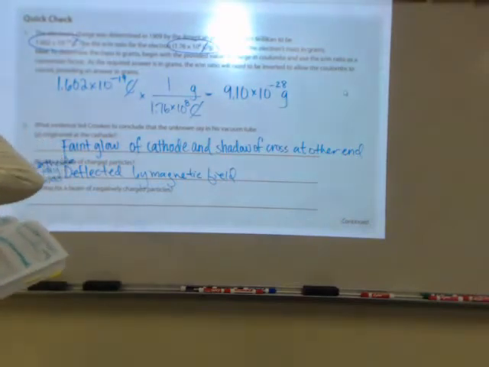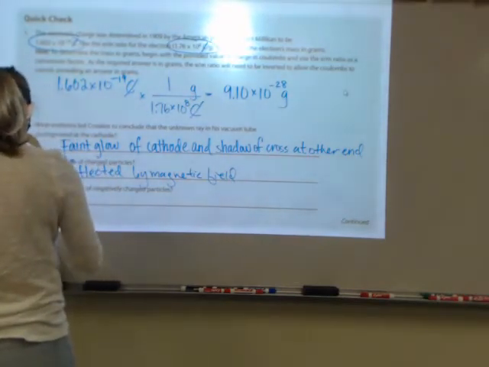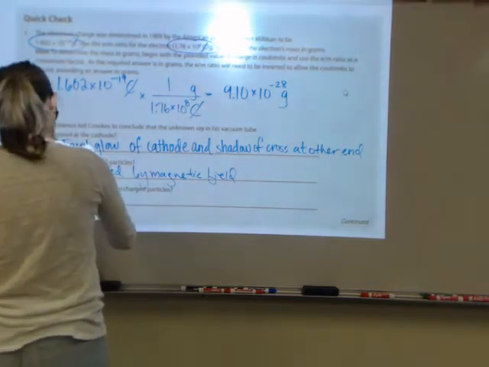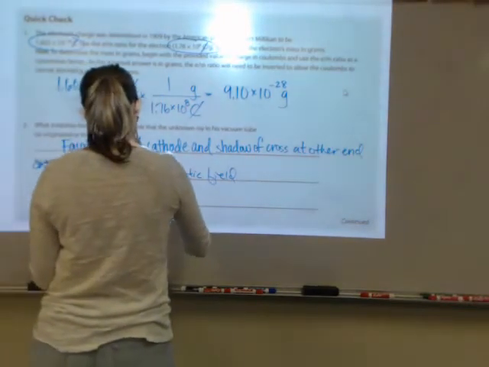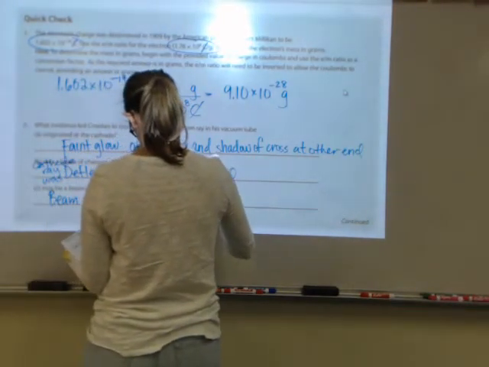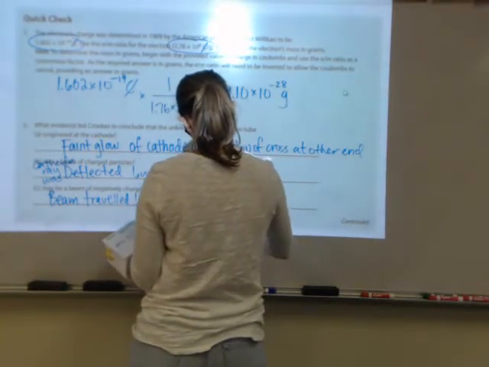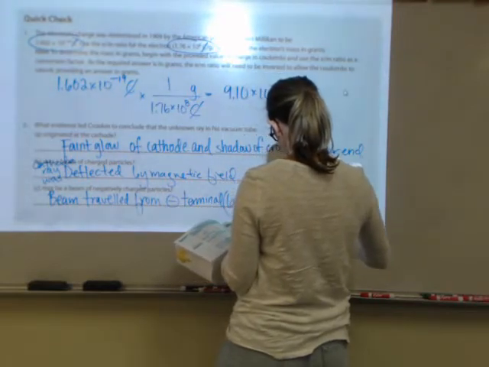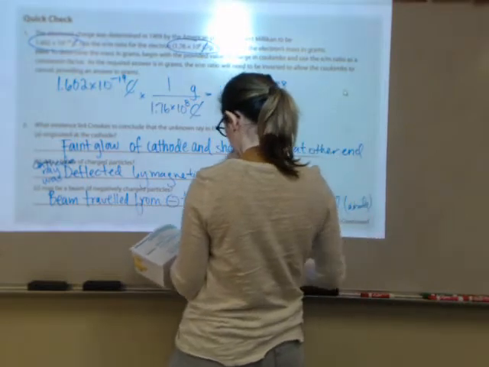C, may be a beam of negatively charged particles. So the beam traveled from the negative terminal, which was the cathode, to the positive terminal, which was the anode.